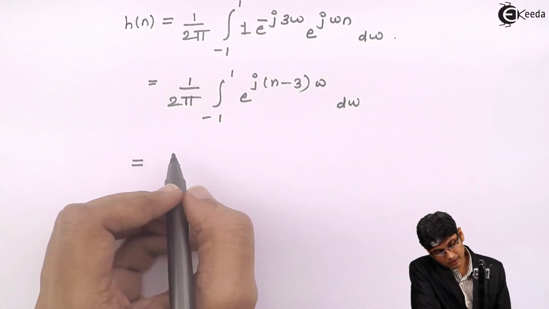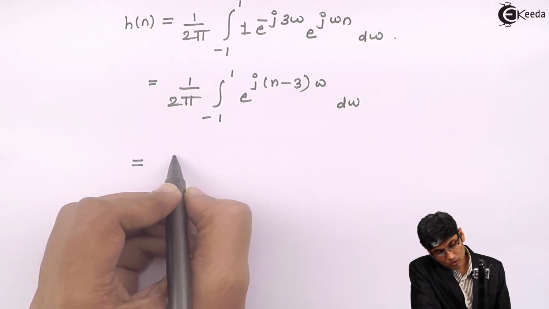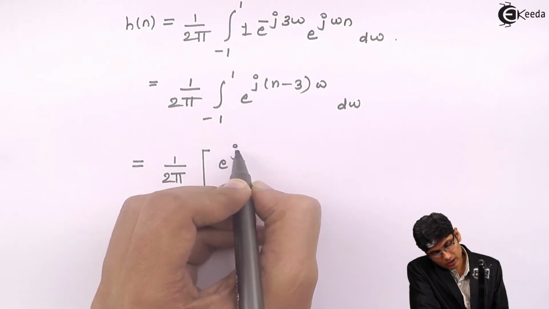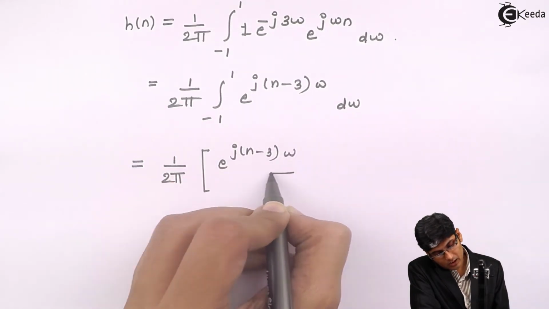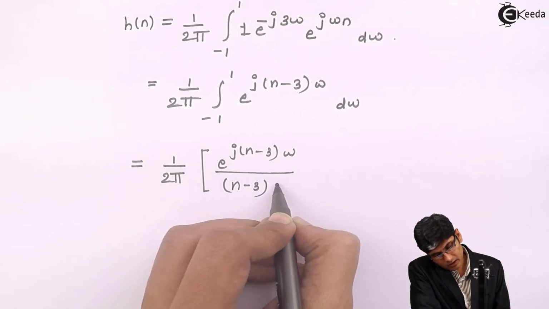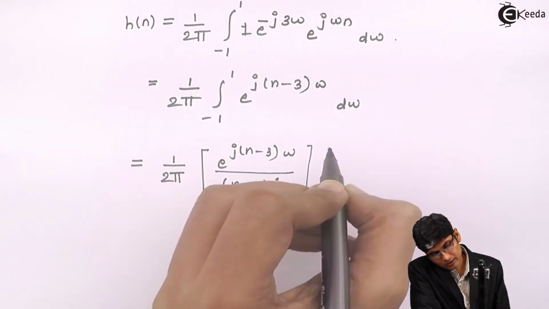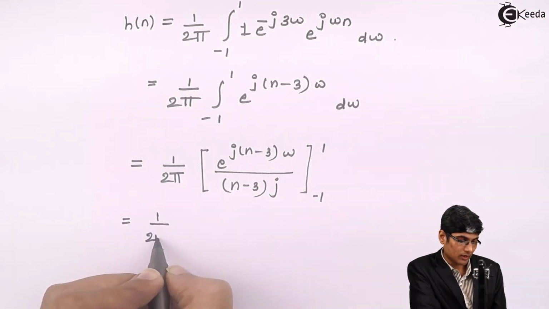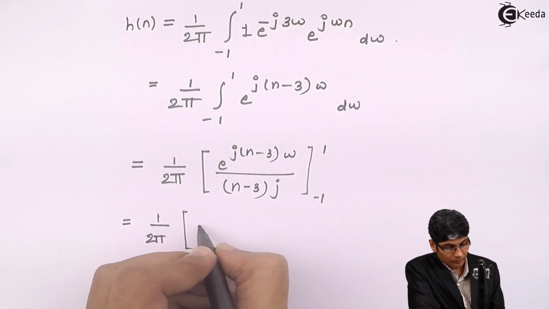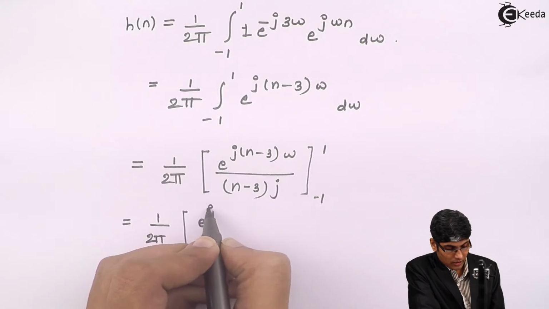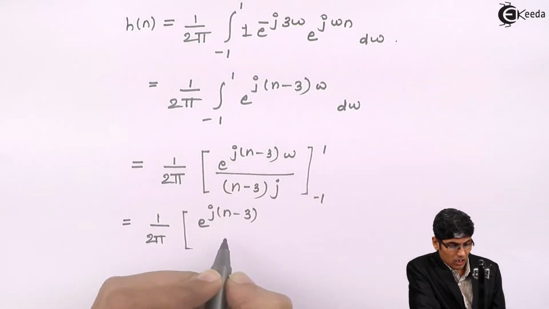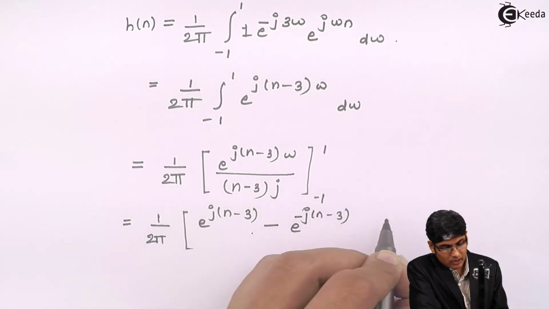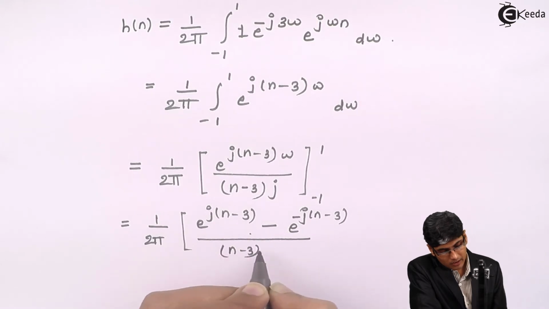So that will give me 1 upon 2 pi, the integration will be e raised to j (n minus 3) omega divided by (n minus 3) with a j, from minus 1 to 1. Then when I substitute the values, I will get 1 upon 2 pi, e raised to j (n minus 3) when I put the upper limit, minus e raised to minus j (n minus 3) when I put the lower limit, divided by (n minus 3) into j.